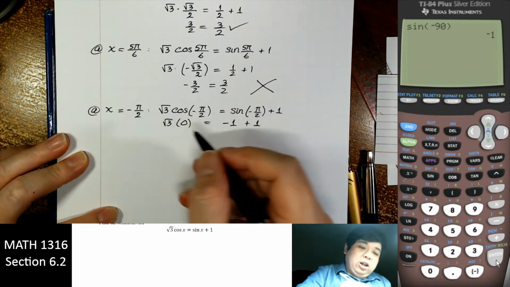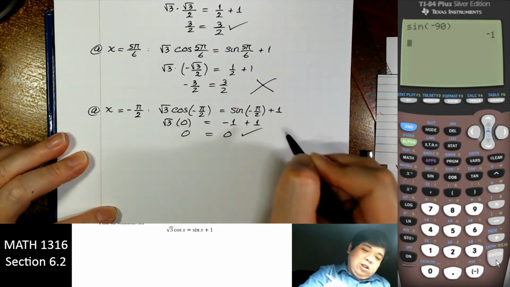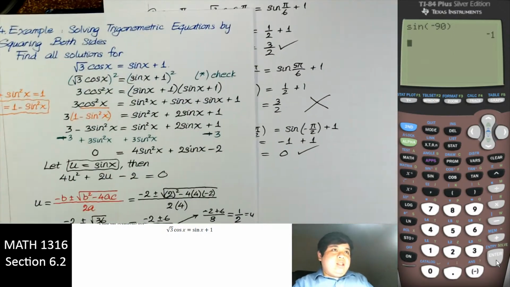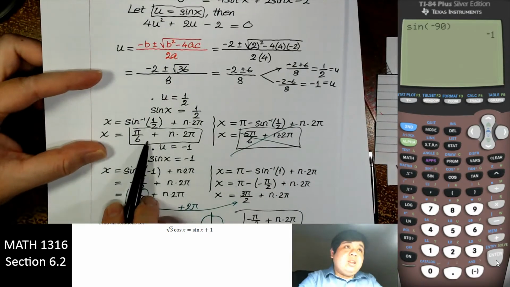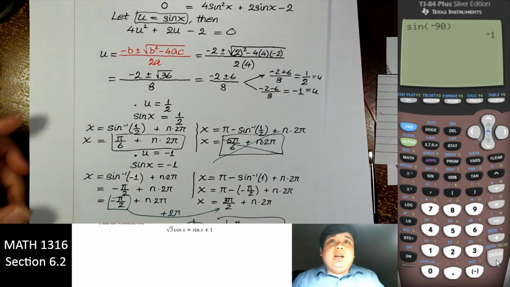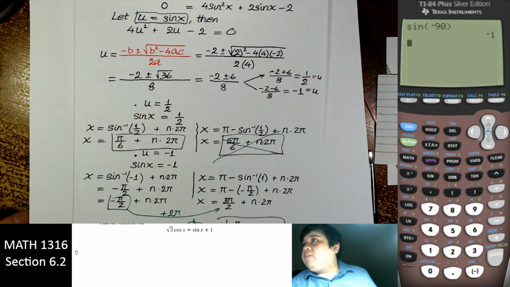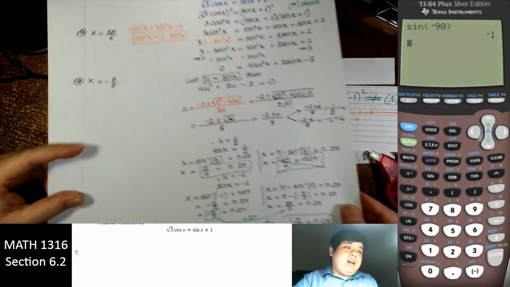Negative 1 plus 1 equals 0. So that checks. When we check the answer, we have two solutions, that and that. So when we square both sides, we have to check the answer.